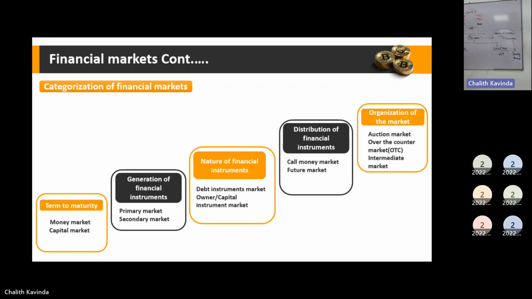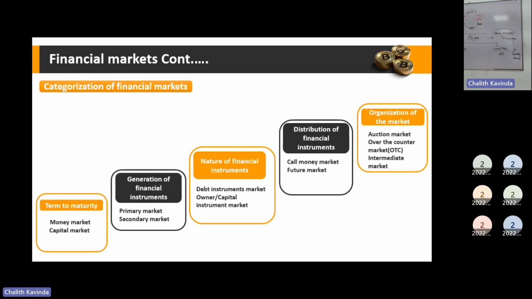So for debt, we have the debt market, and for equity, we have the equity market. That's the stock exchange.